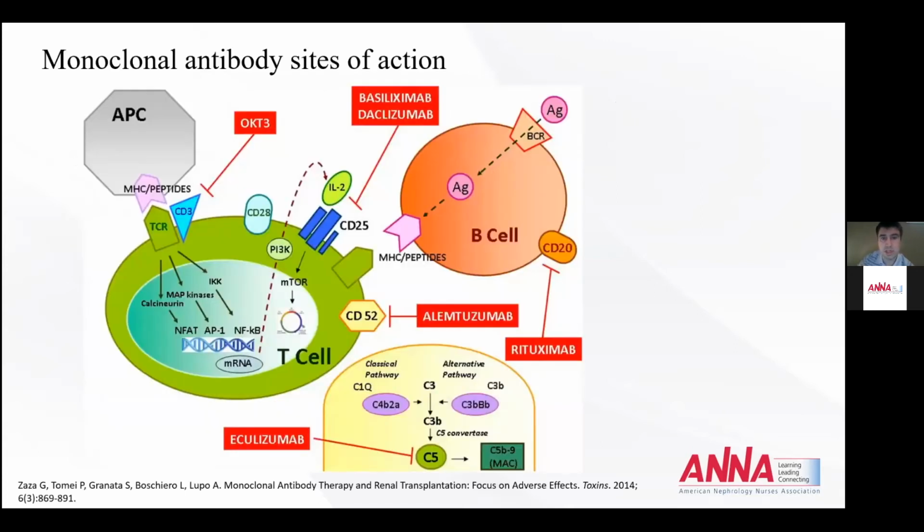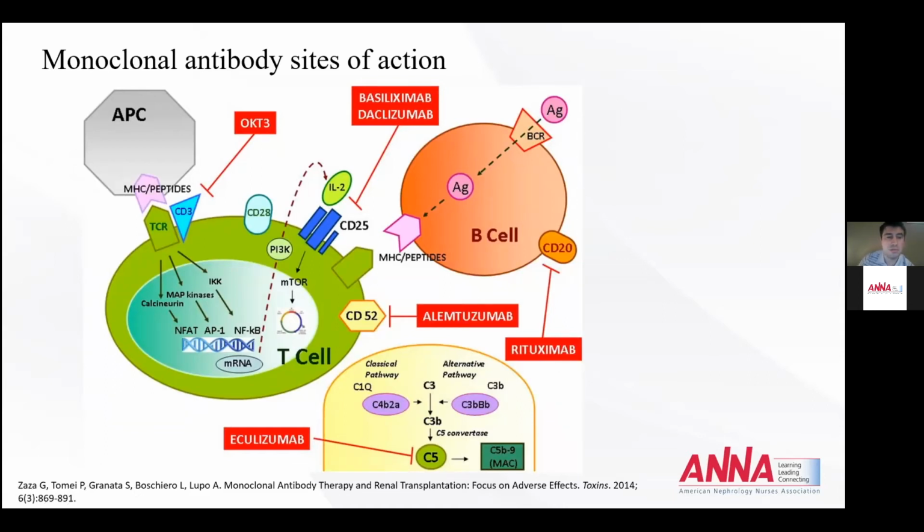So you can see here, there are many different monoclonal antibodies and binding sites. Right here, you'll have Simulect on your T cell, and it attacks here on the CD25. And again, it will affect interleukin 2. So it gives you a good amount of immunosuppression because it prevents signaling and sometimes proliferation of the T cells, and it's potent.